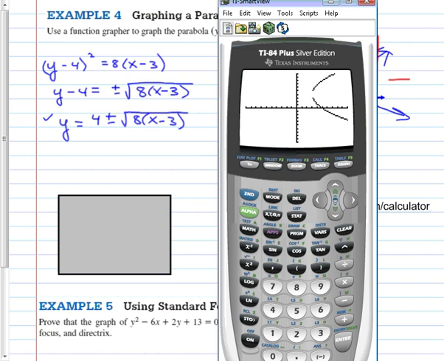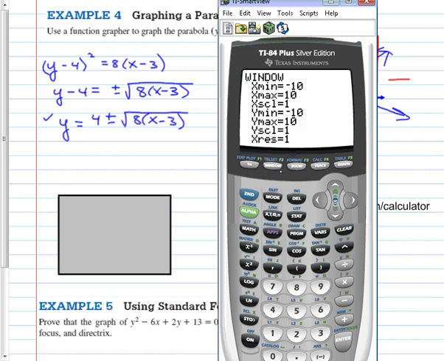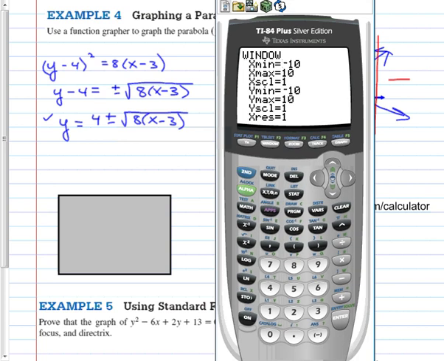They say -1.7 and -2, 10. Let's try that. I'm going to hit the window. X min -1, x max 7. And y min -2 to 10. And let's hit graph. Let's see if it fills it in.